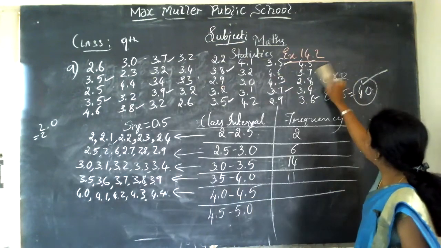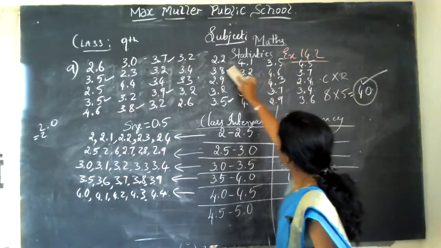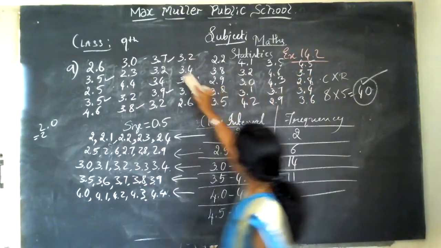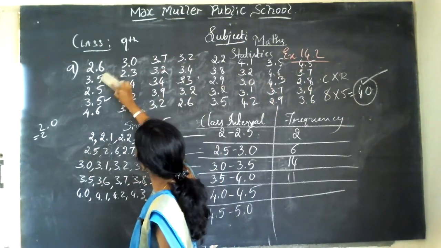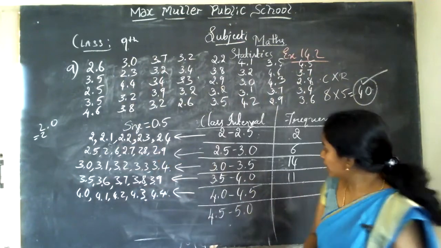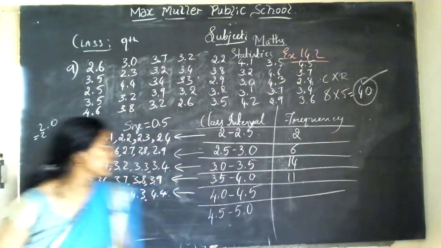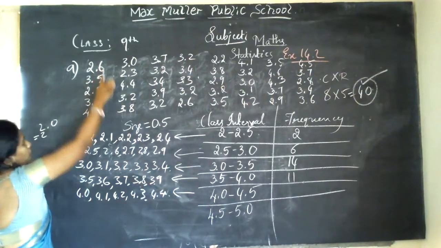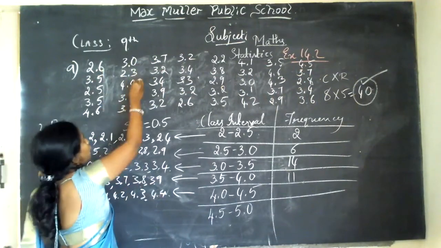So let me erase it. You have to search from 4.0 to 4.5. When you observe 4.6, it is not included. Next 4.4.